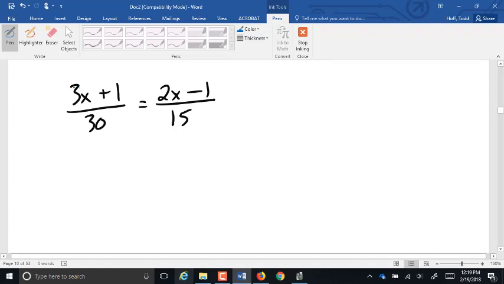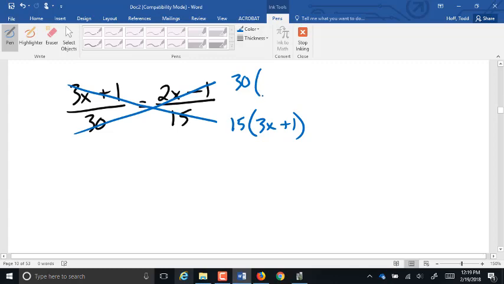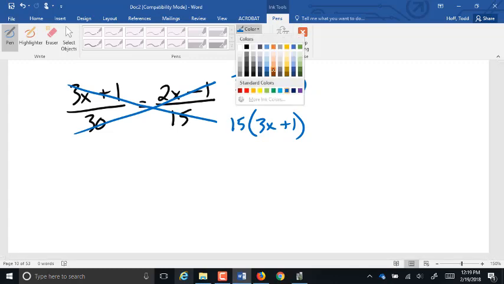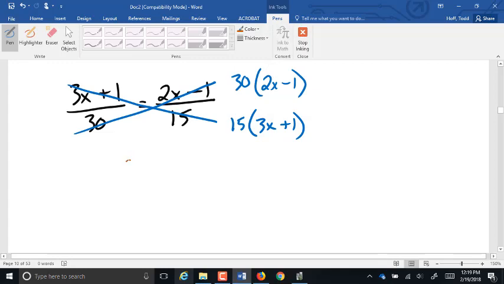Doesn't matter which direction we go first. I'll go this way, going down. 3x plus 1 times 15, that is 15 times 3x plus 1. Going the other way, 30 times 2x minus 1. Again, that's 30 times the 2x minus 1. And we know those two have to be equal.